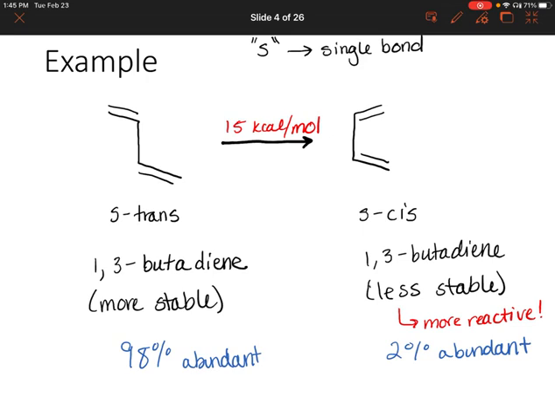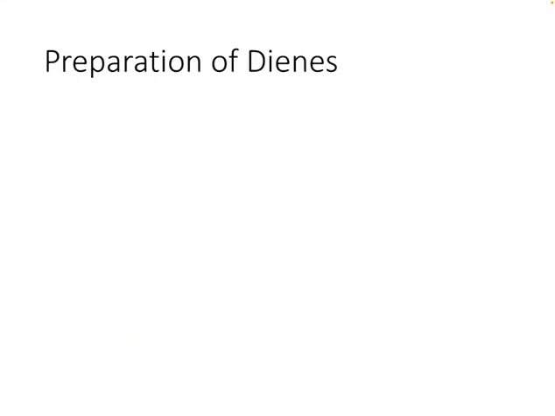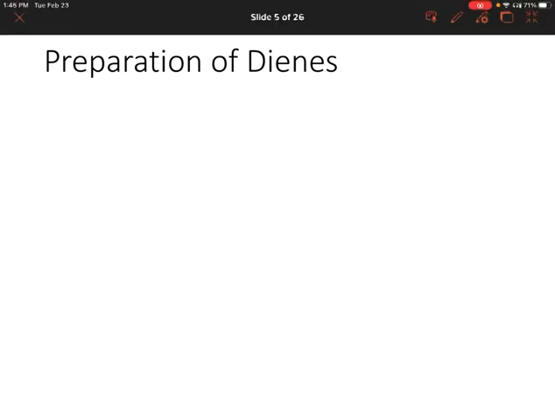All right, so now let's look at how we can create some of these dienes. What reaction can we do in order to prepare a diene? Well, what we can do is start with an allylic halide.